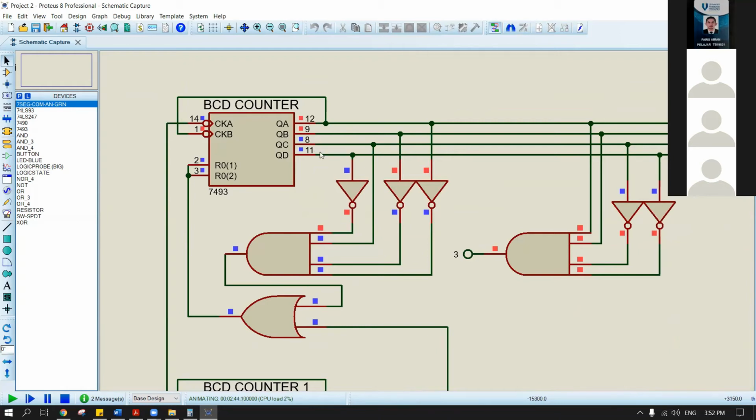So what is the number? 3. Yes. So basically this is a 3.